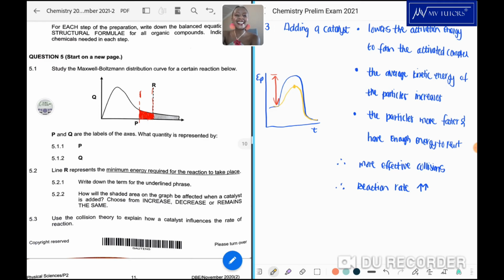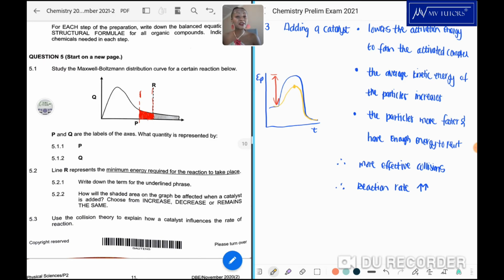Kinetic energy means the energy for movement. So these particles are now free to move. They move much faster. They have enough energy to react, and because they have enough energy, you have more effective collisions, unlike them being slow and not really reacting as fast, where effective collisions wouldn't occur.